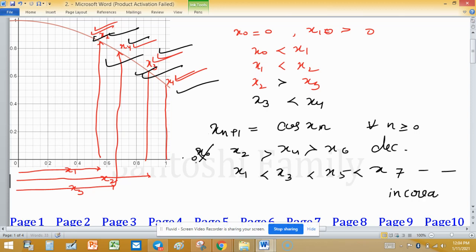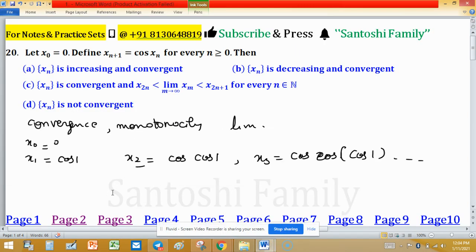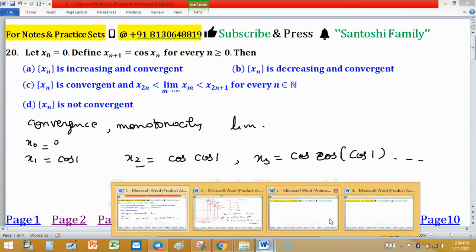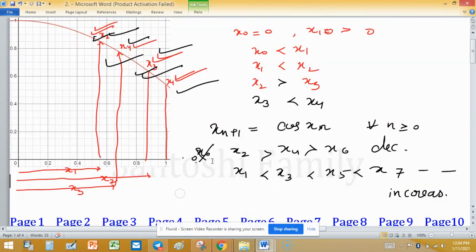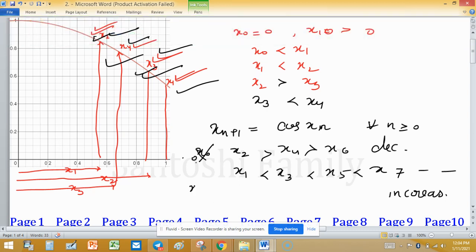So we need to discuss monotonicity. It means either increasing or decreasing. Here we have two sequences, x2n and x2n plus 1. This is increasing and this is decreasing.